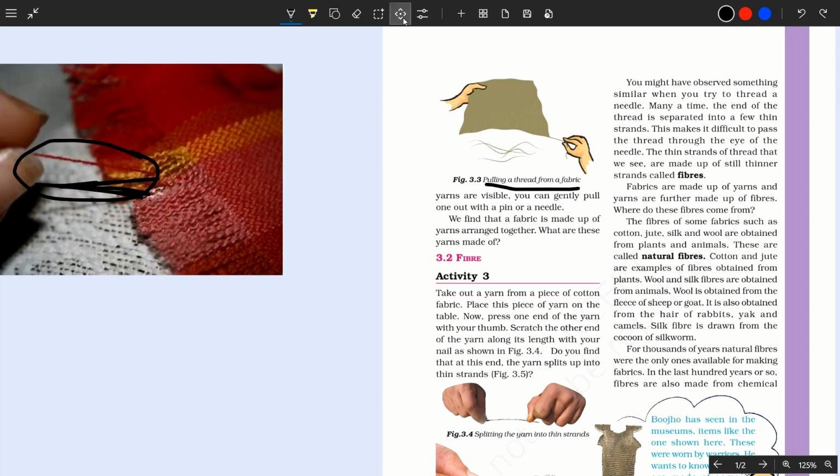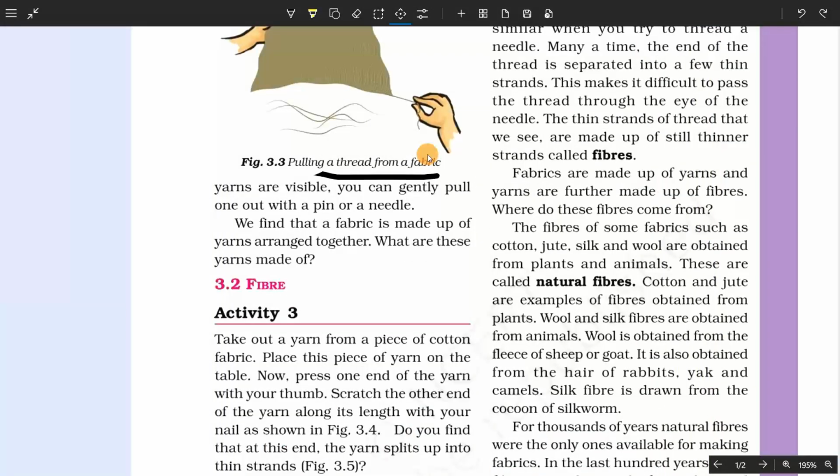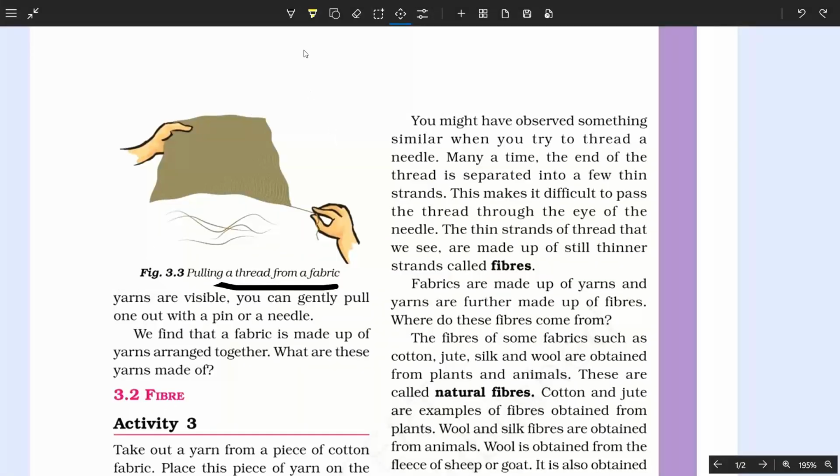You will get a thread like this. Then the yarns are visible. You can gently pull one out with a pin or a needle.